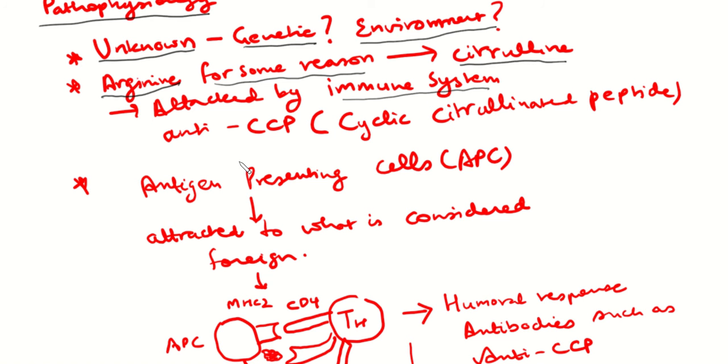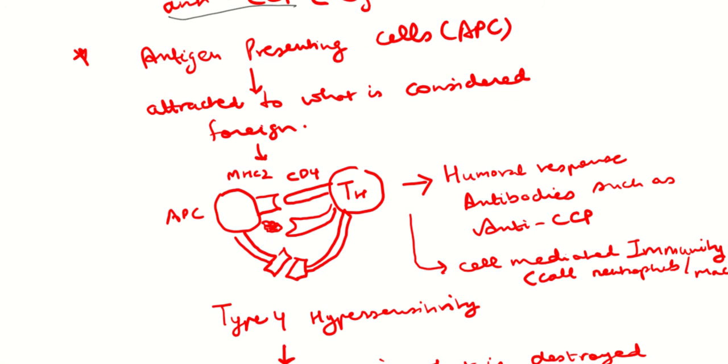And the immune system makes antibodies to the citrulline that's anti-CCP or anti-cyclic citrullinated peptide. Okay, how does it do that? You have, again, remember the antigen presenting cells, and they look at what they consider as foreign, and then they present these antigens right here to the T helper cells.